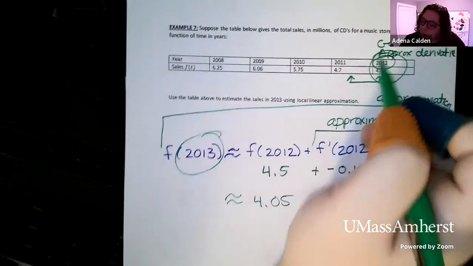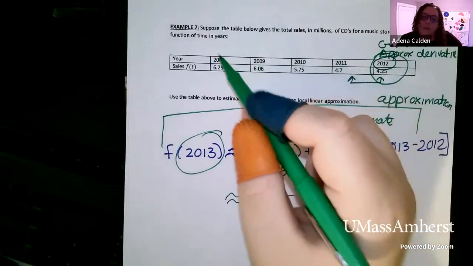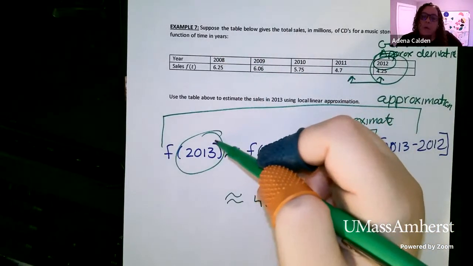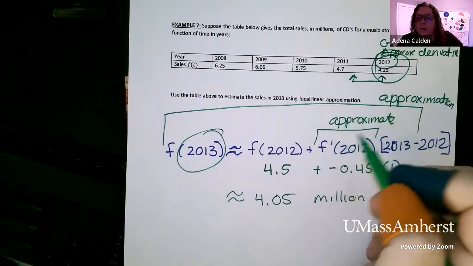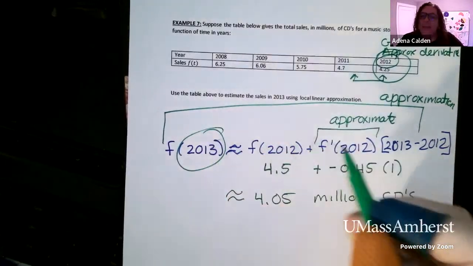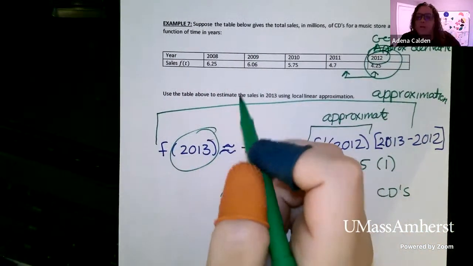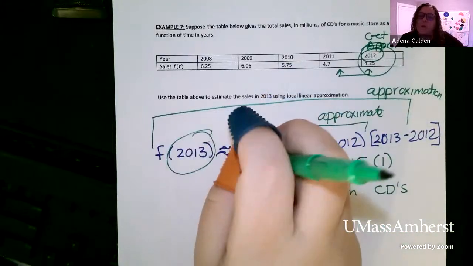But since we are using 2012 to talk about 2013, this is the closest sort of approximation we can use. So while this is going to be the most approximate in terms of being close to 2013, it's still an approximation within an approximation, which sort of waters down the whole thing. Okay, so keep that in mind.